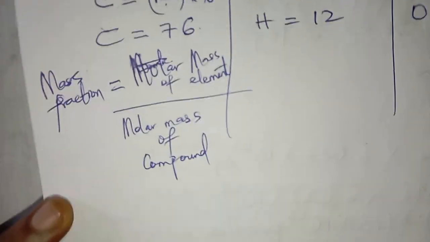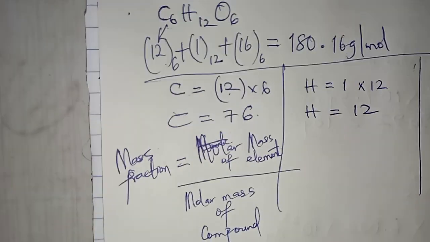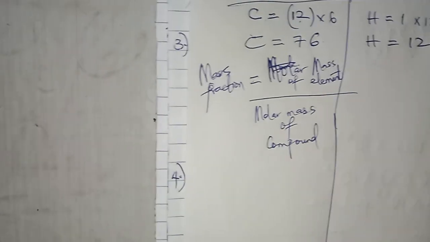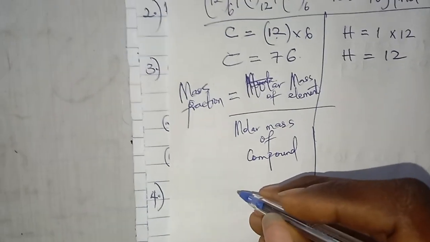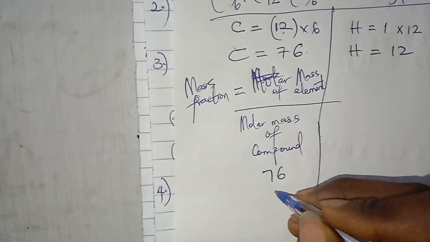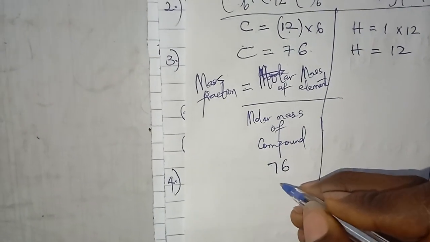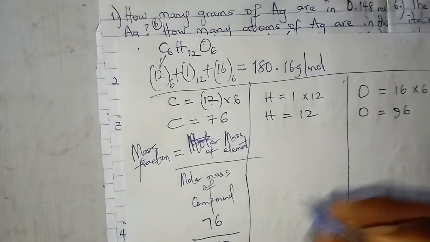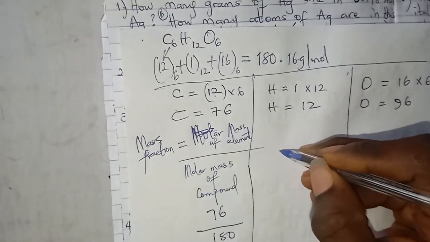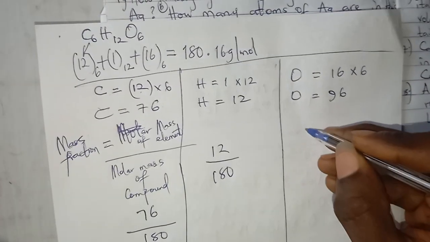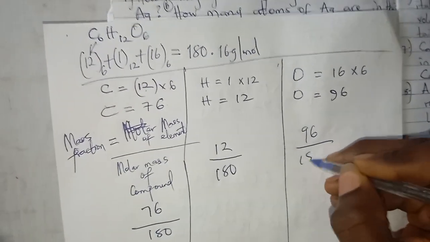So the mass fraction of carbon inside glucose will be 72 over 180, because that's the molar mass of glucose. For hydrogen it is 12 over 180, and for oxygen it is 96 over 180.